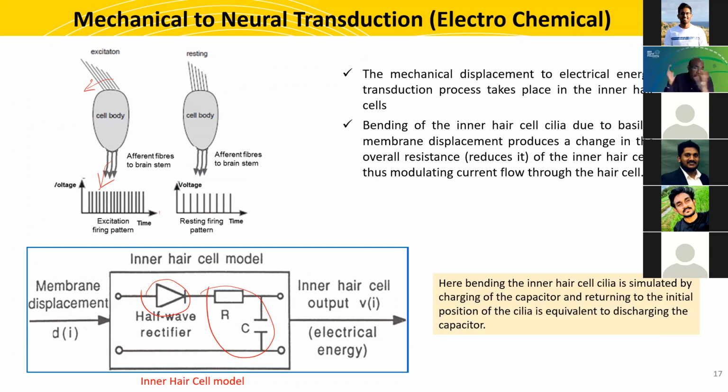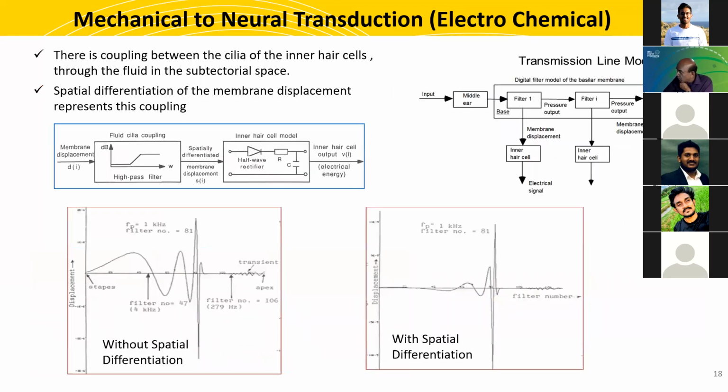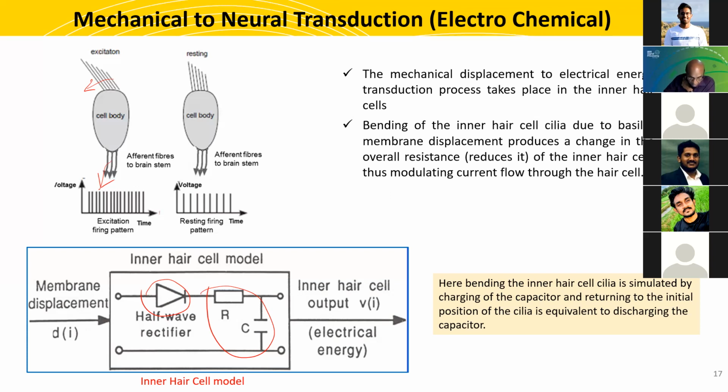If you average all the complicated models, they end up like this model. So the inner hair cell model is responsible for transmitting the basilar membrane movement to the auditory system, to the brain. One more thing that I need to explain before I show some results for you.